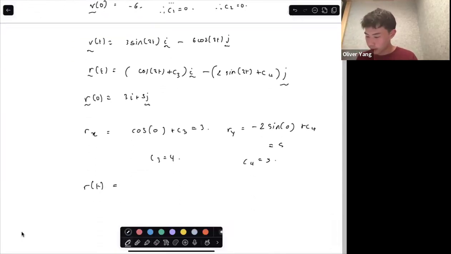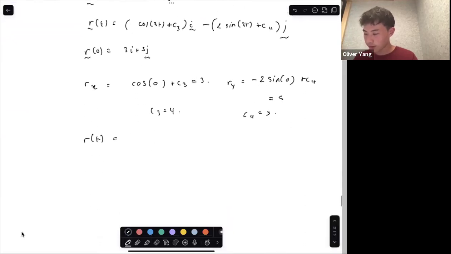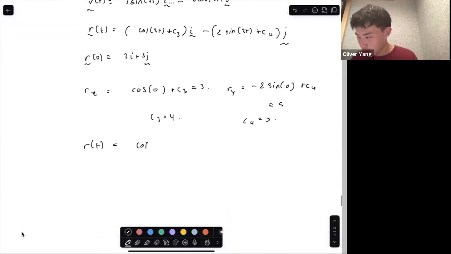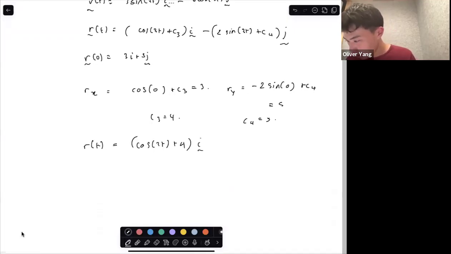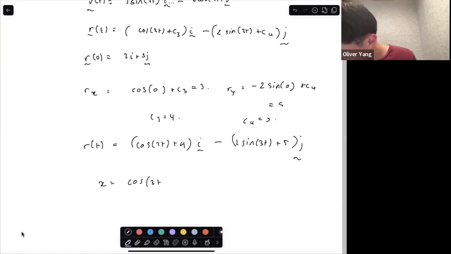Okay, so r of t, therefore our equation becomes cos 3t plus 4 i minus 2 sine 3t plus 5 j. Okay, and then so we know that x equals cos 3t plus 4, y equals negative 2 sine 3t plus 5.